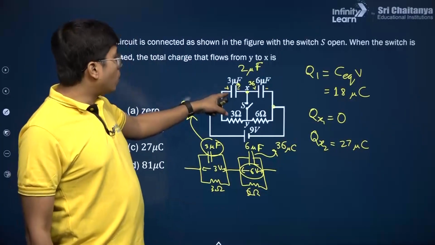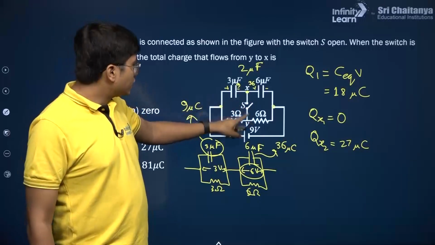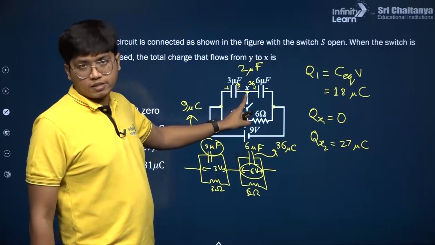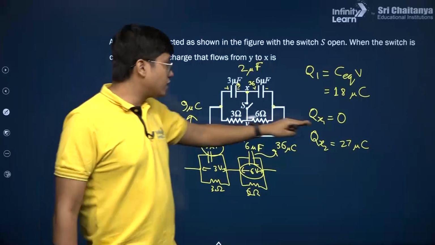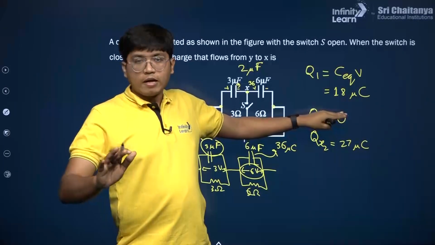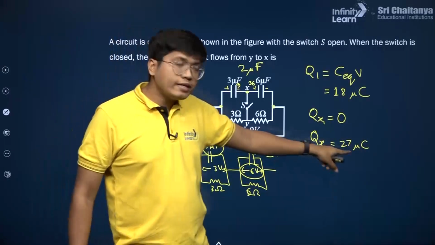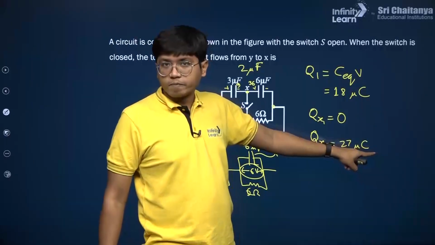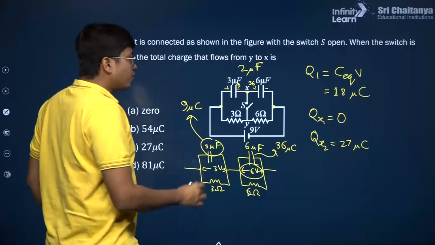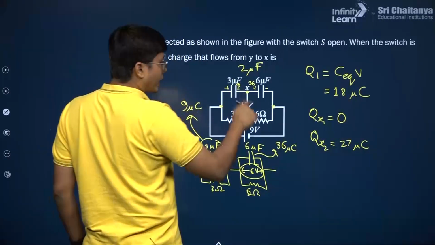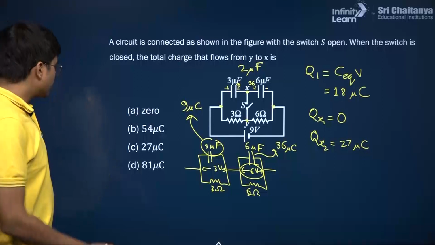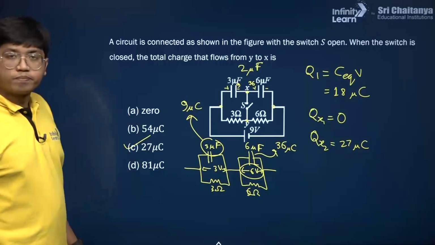Which means in order for it to go to this state, the charge has to flow into X. Originally X needed 0 charge, no problem there. But as soon as you connect, the charge at X has to be 27 microcoulomb to maintain everything. That means charge flows from Y to X and that value is here 27 microcoulomb.